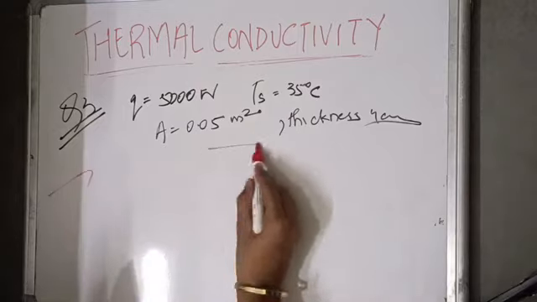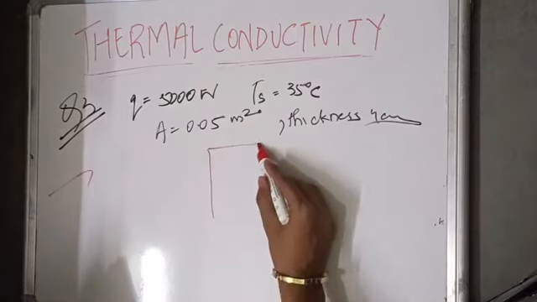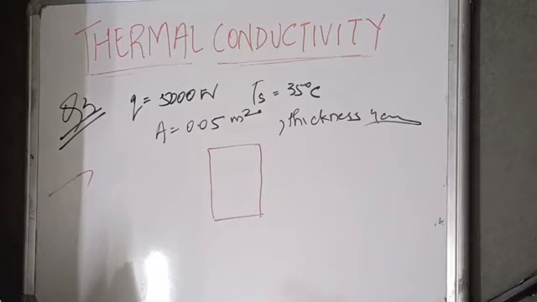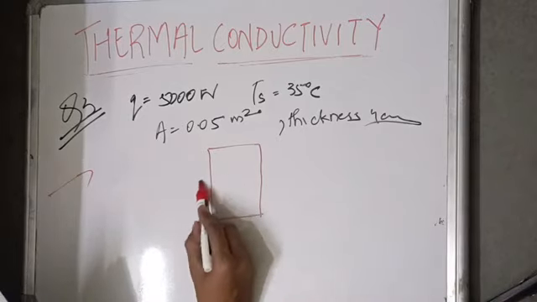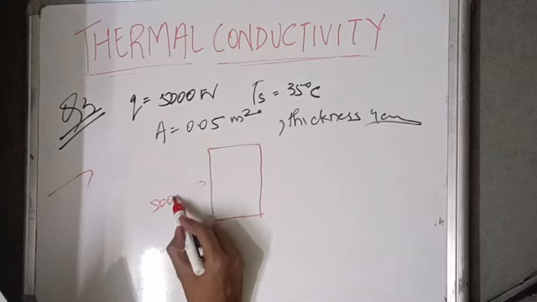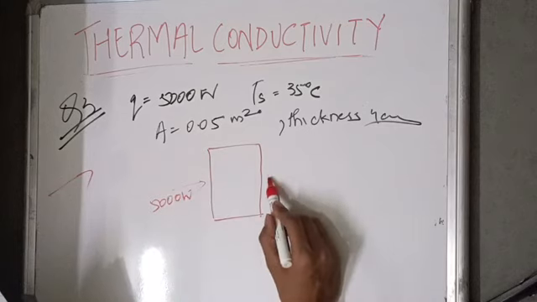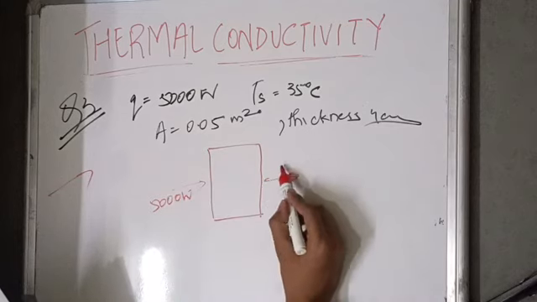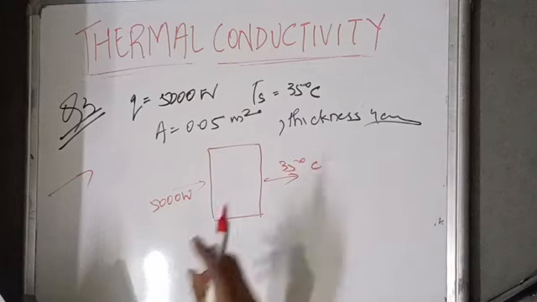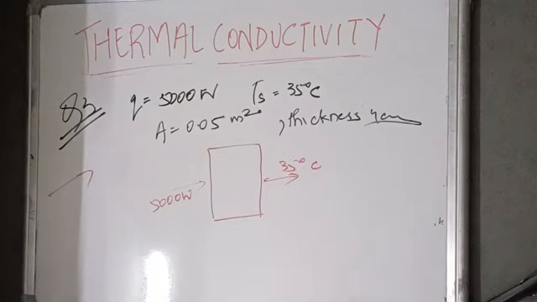First we will draw the figure. It states that one side of a copper slab receives a net heat input at a rate of 5000 watt, and the other surface is maintained at 35 degree centigrade. We have to find the surface temperature of the side receiving radiation energy.